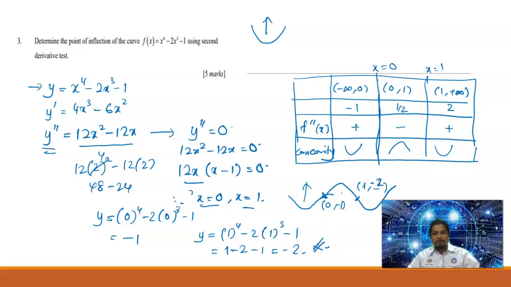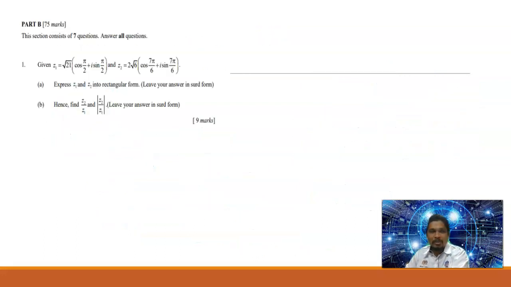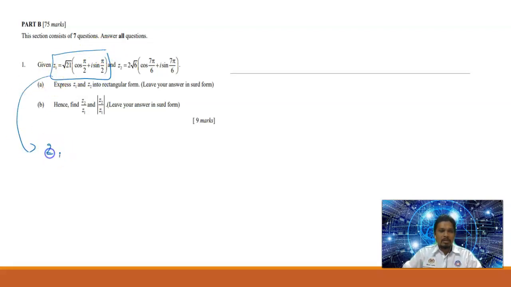Okay, so that's it. Now let's go to the second part, part B of this question. The first one, z1 equal to square root of 21 cos pi over 2. I sketch again the graph of cos, which begins at the origin 0, 0.